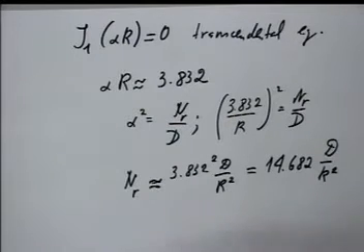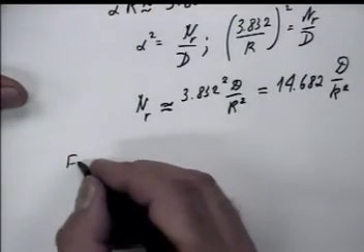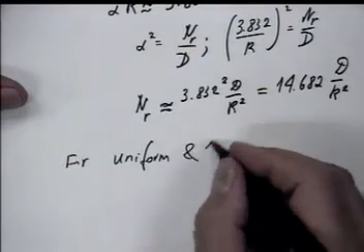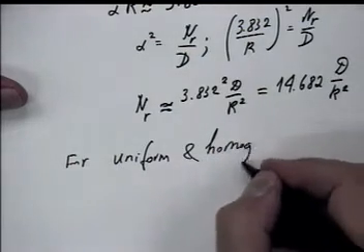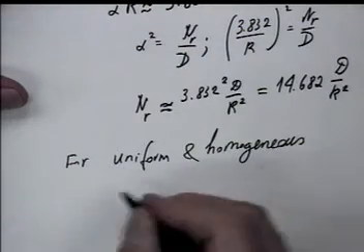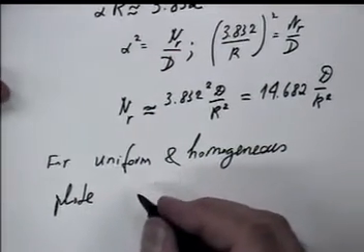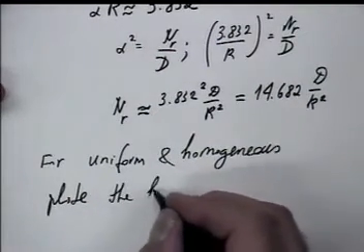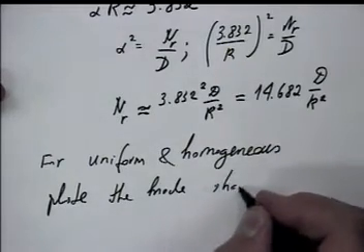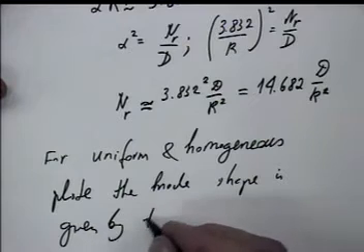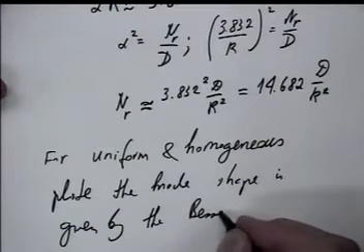Okay? So as we see, for uniform and homogeneous plate, the mode shape is given by the Bessel function.